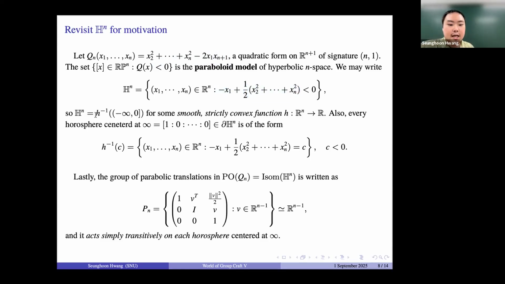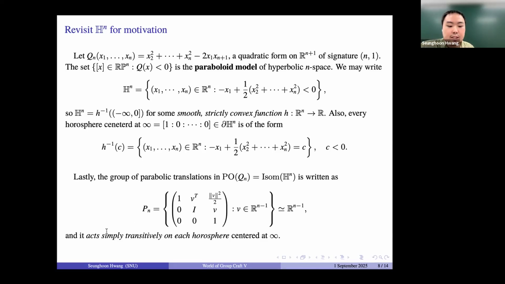So in fact, it is the inverse image of some smooth, strictly convex function, and its horospheres centered at this particular boundary point are of the form H inverse C. That is, they are the level sets of this function H. And lastly, the group of parabolic translations in this Lie group, which is the isometry group of H^n, is written very explicitly this way.